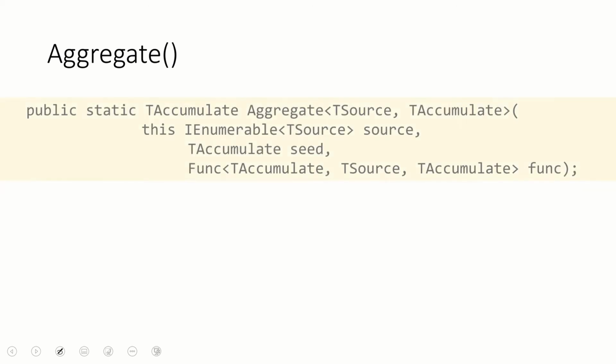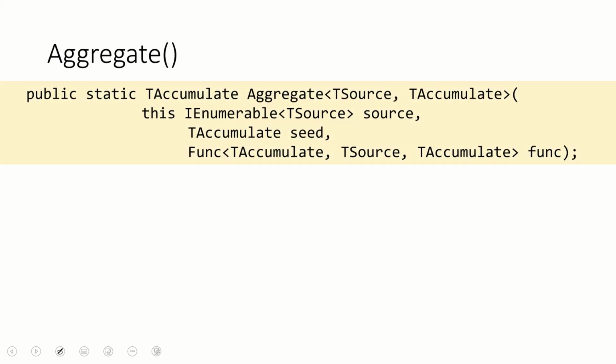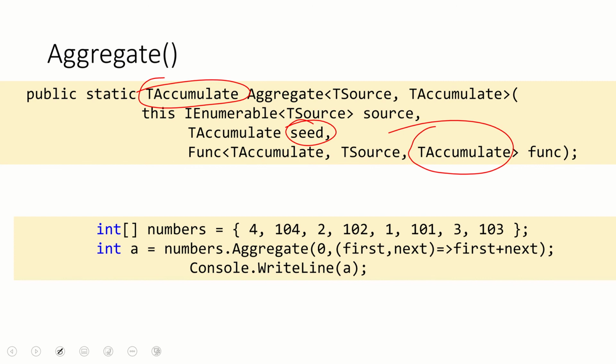Let's take a look at another one. In this one, they're trying to give us this return type, accumulate, and it returns as accumulate. Also, you have an initial value, which we call the seed, to help you get the value we want. In this one, we're using the same lambda expression, but with a different seed.